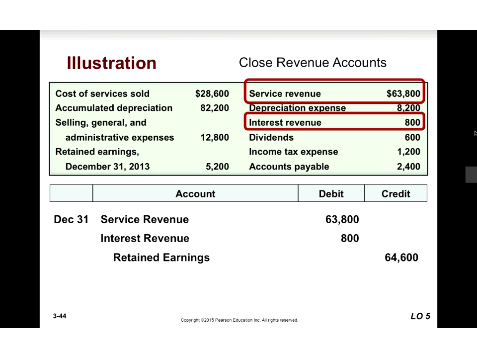I got the credit to retained earnings by adding my two revenues together. Closing entries are the easiest thing you can do because they're the opposite of what increases that type of account, and the other side is always going to be retained earnings. That's a closing revenue entry: you debit all your revenue and credit retained earnings.